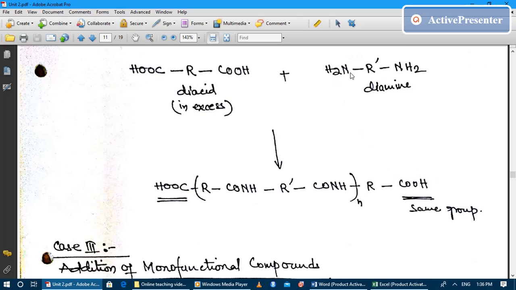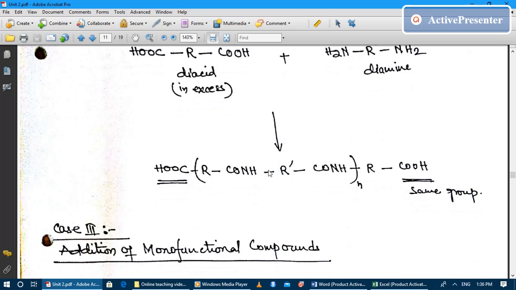A carboxylic group of course can react with the amine group, but diamine is in less quantity and diacid in excess quantity. Because of that imbalance in their ratio, after some time the increase in the molecular weight will be stopped and the polymerization reaction will be stopped. So this is the one case.